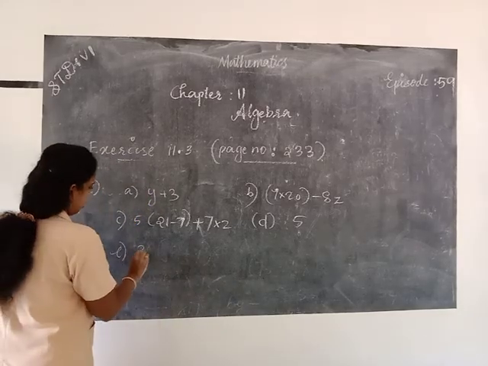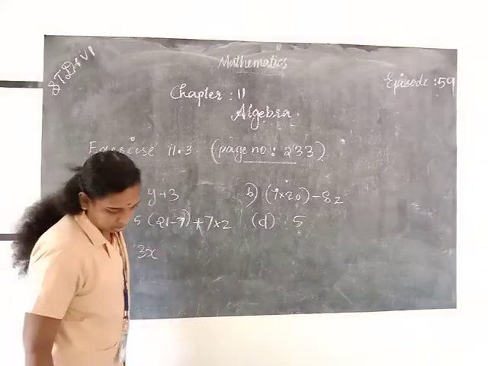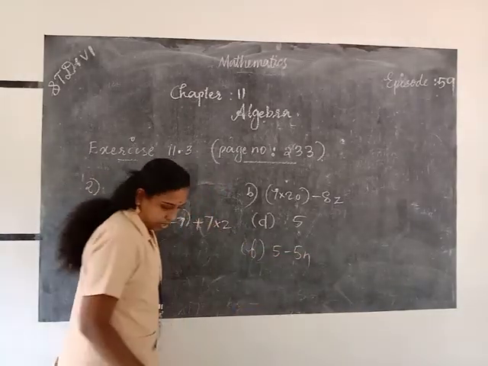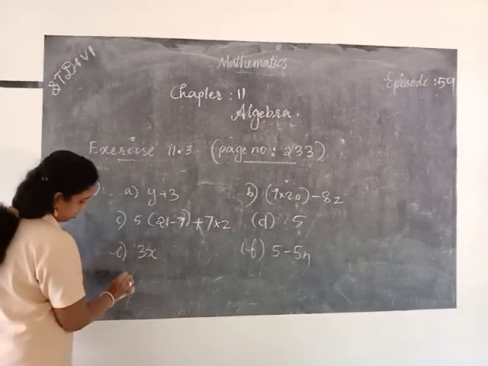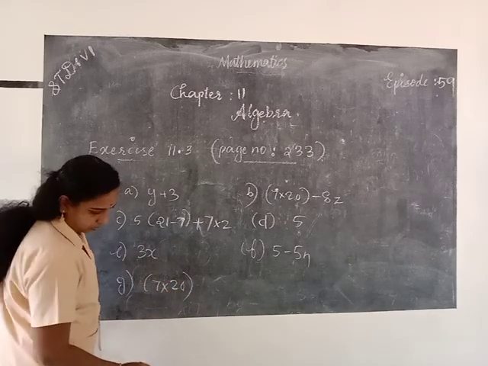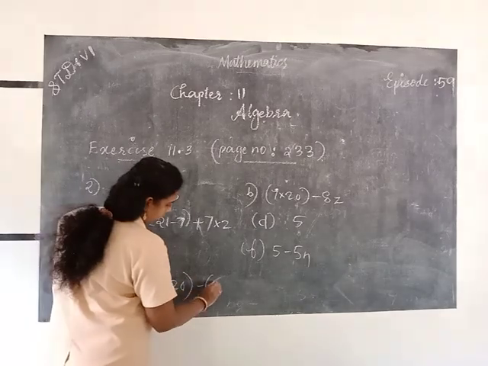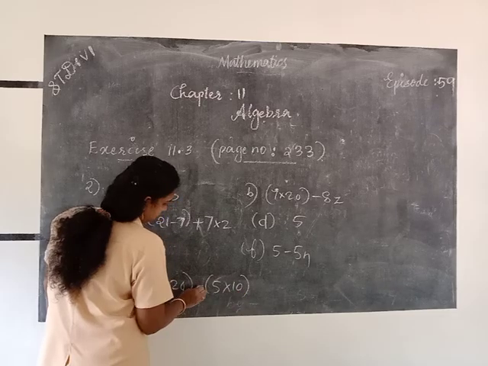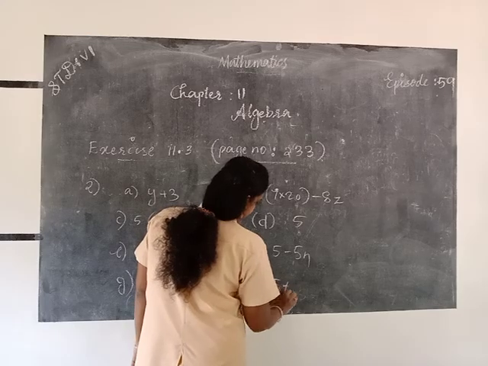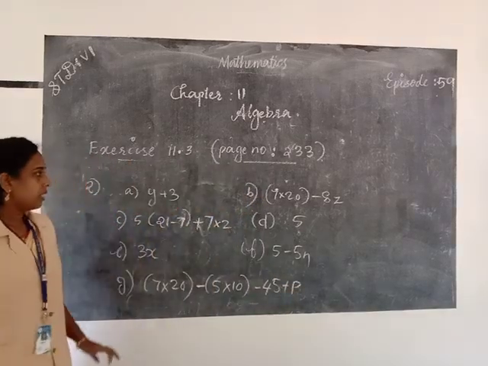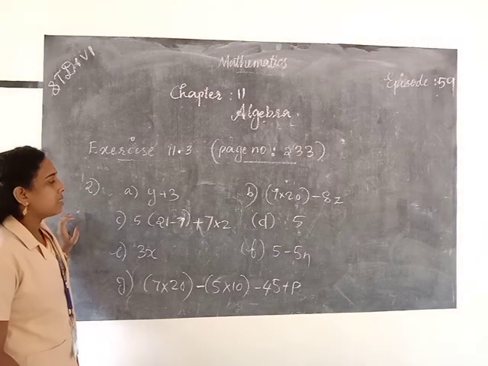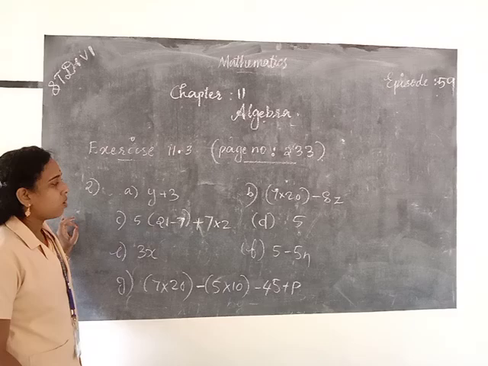And e: 3 into x. f: 5 into 5n. And 7 into 20 minus 5 into 10 minus 45 plus p. So from these given expressions we want to identify which of these are expressions which only use numbers.